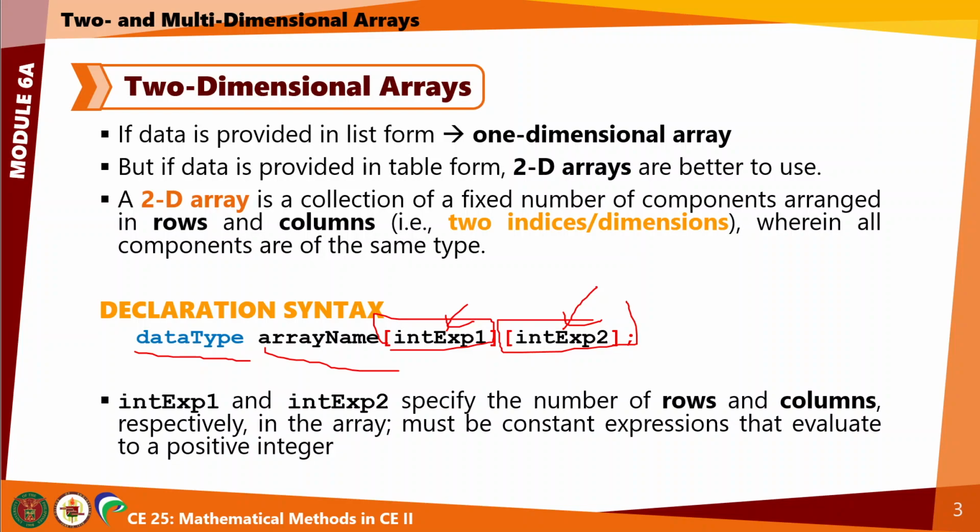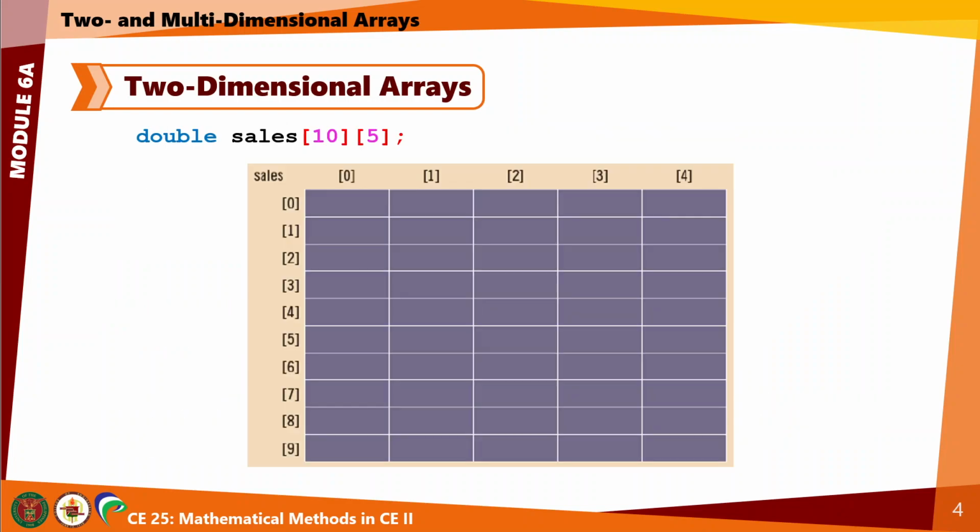Okay, so dapat basta any, pwedeng constant, pwedeng variable, or any expression, dapat pag na-evaluate siya, positive integer. Okay, so when we declare, for example, a 2D array na sales yung name, tapos double yung nakastore sa kanya, tapos ito yung pagkaka-declare. May 10 na rows and 5 na columns.